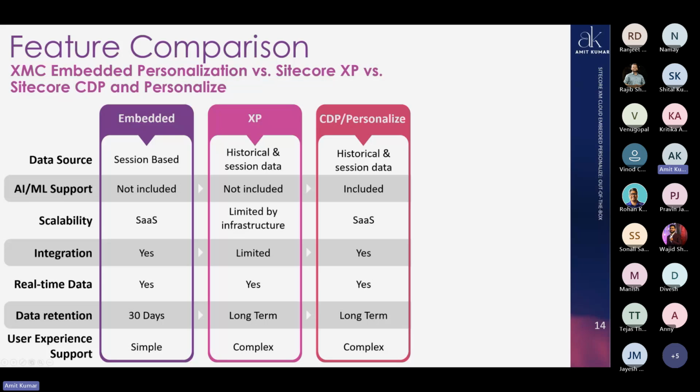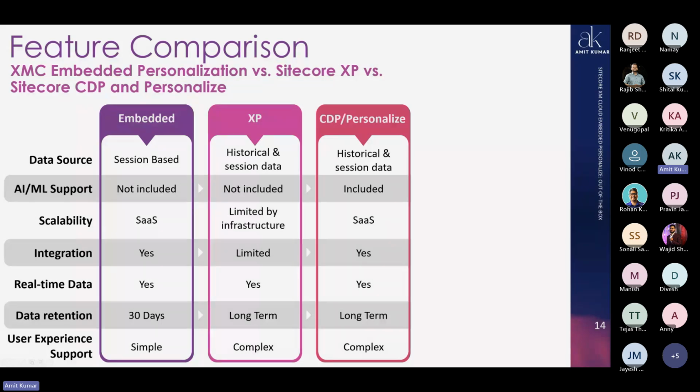User experience support is simple with embedded personalization, like you are just creating the page level variant and doing the things. In XP, if you don't know how to create the user profile and how to create the conditions, then it's complex for you. And CDP Personalize is also complex because there are many options.